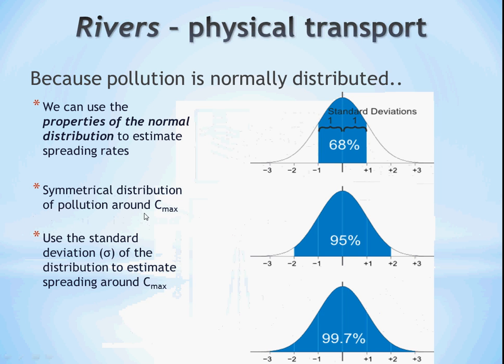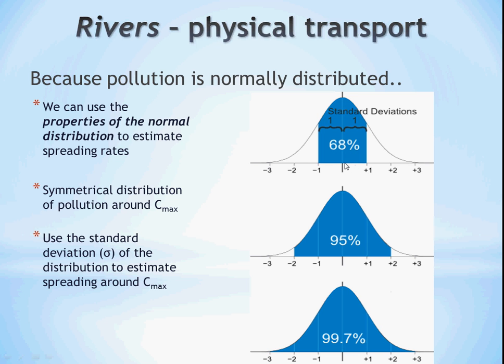So here we have a standard normal distribution. And again, we have symmetrical distribution around the C max, or the maximum point here. And we can use the standard deviation of the distribution to estimate spreading around C max. And this comes from your basic stats.